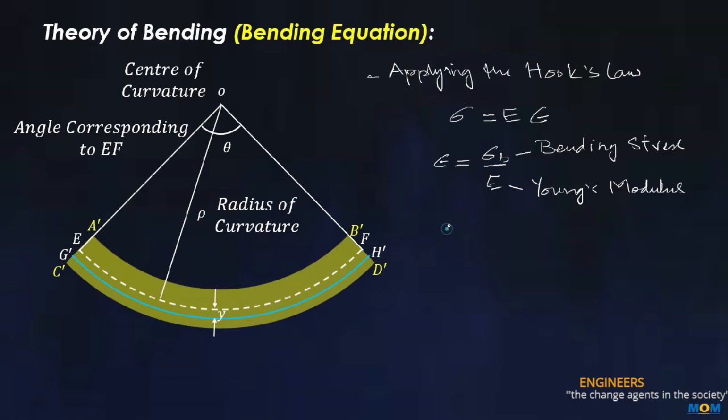So epsilon is equal to sigma b upon E. So this is equation 2.